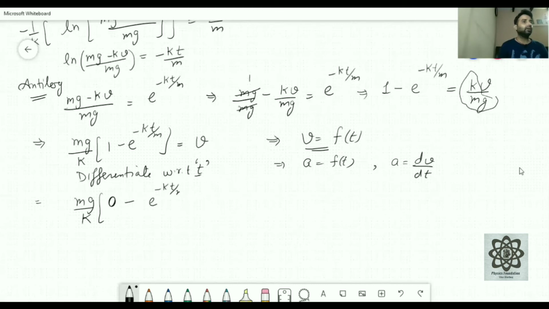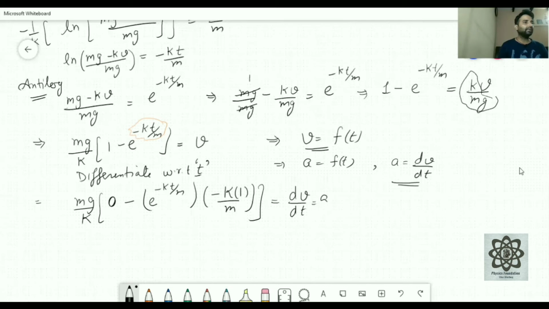So the differentiation of e would be a constant as it is. Now we will differentiate the above part, which is this one, right? So when we differentiate this, the value comes out to be minus k by m, as differentiation of t would be 1, right? So this comes out to be, and v will become dv by dt, and it will become acceleration, as I have already explained in here.